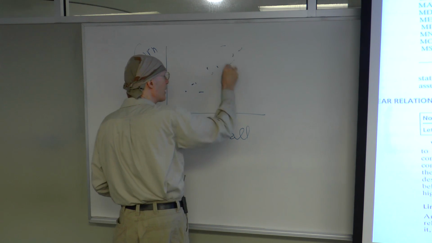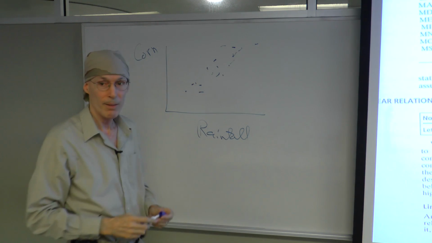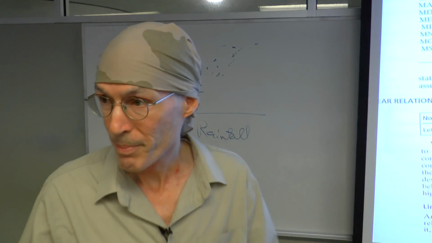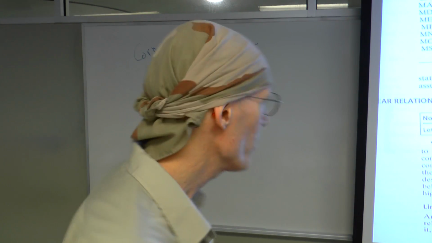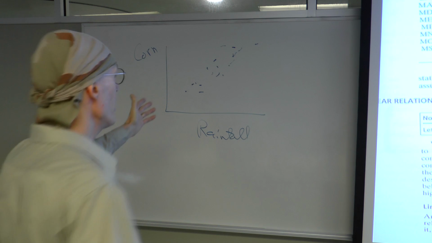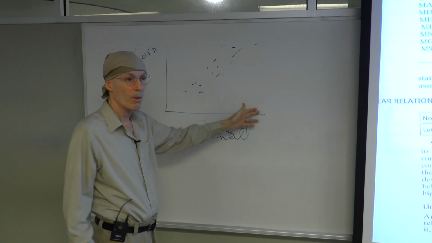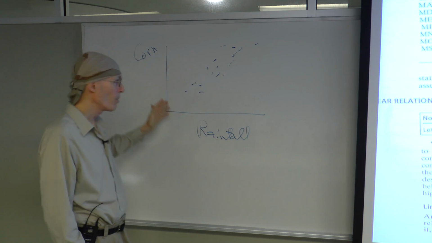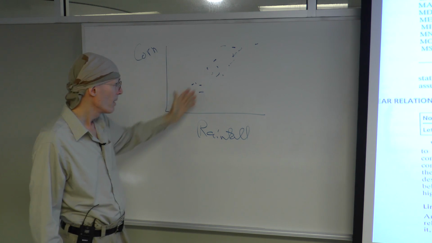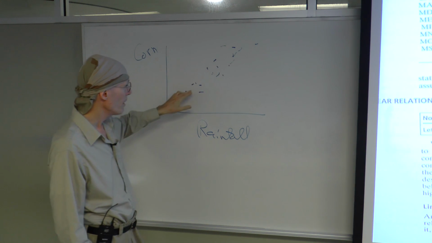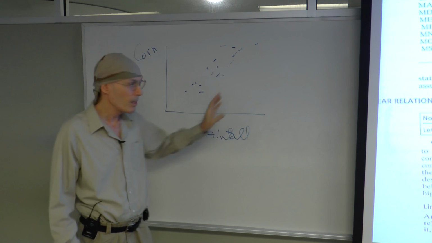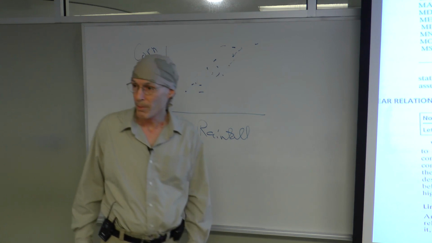Now, for every dot that I've placed on this graph, we're going to call that an acre. And lo and behold, you look at that and you say, whoa, look at this. The more rainfall we have, the more corn there is. And look at this nice thing, a dot for each one. Well, this we're going to call a data cloud.